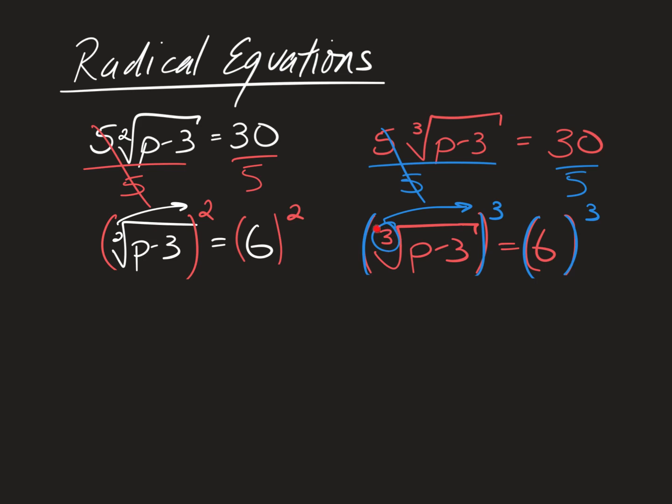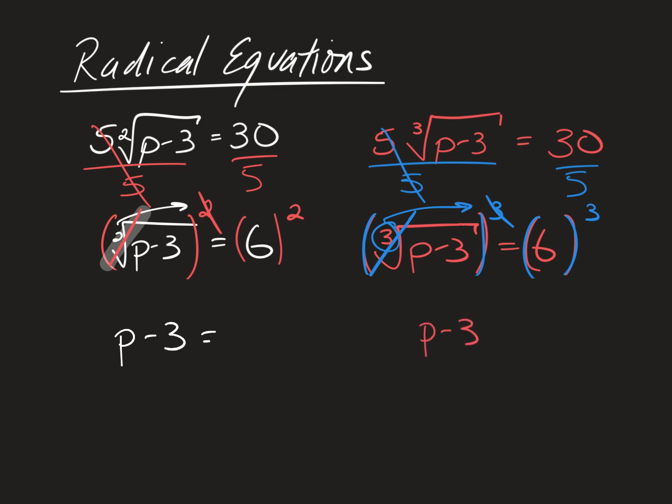Since there was a 3 here, you'll raise both sides to the third power. And that's how you undo this. So the square root and the square cancel, the cube root and the cube cancel, leaving us with just p minus 3 on the left side of each equation.